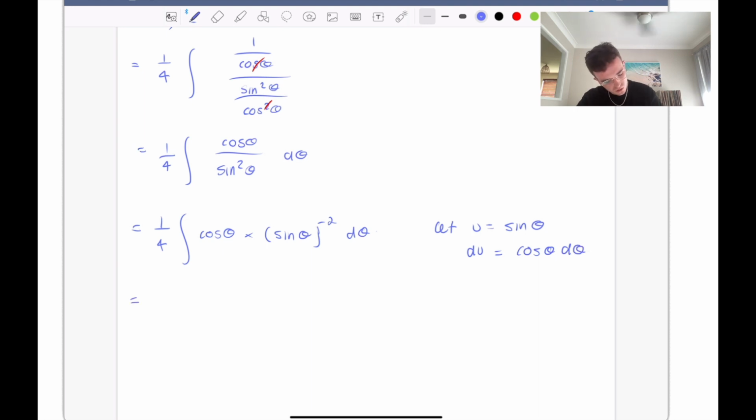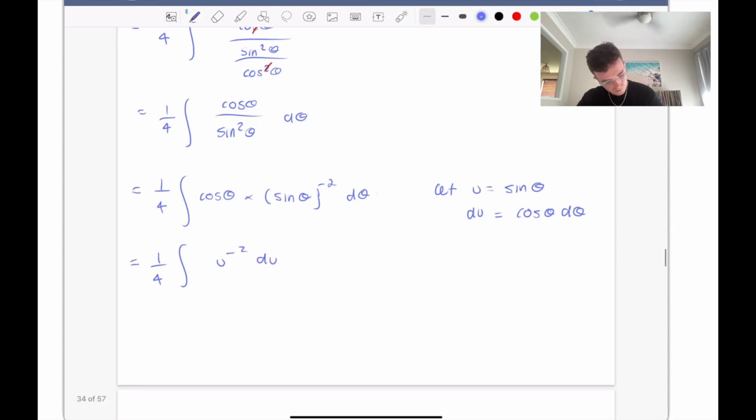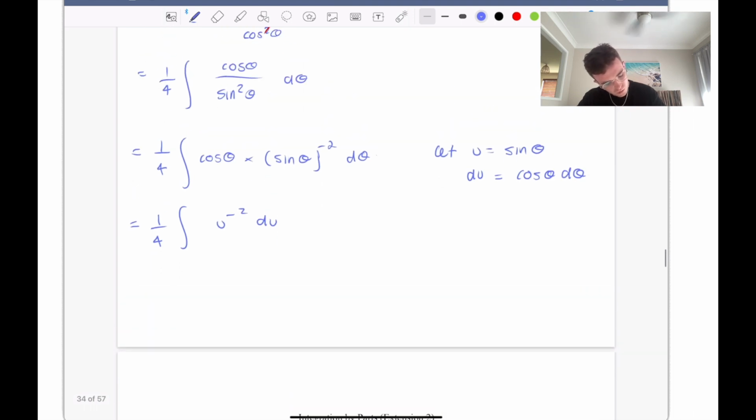So let's say this is equal to 1/4 the integral, that and that become du. So this is u to the power of minus 2 du, which is 1/4. It's going to be u to the power of minus 1 times by minus 1, which is 1/4 sine theta to the power of minus 1, and we're going to put a negative out the front.